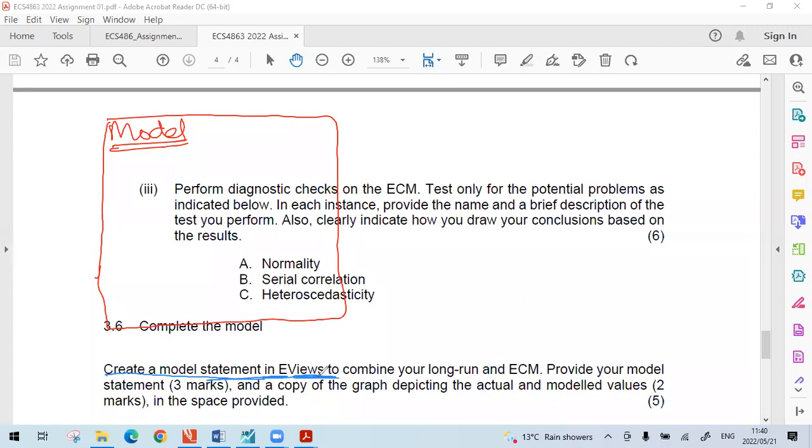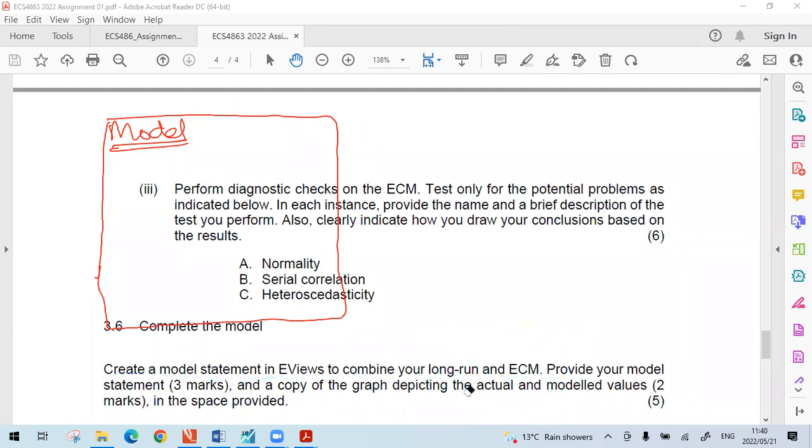What are we combining? Equation 01 and our ECM. So the model is coming from equation 01 and ECM. That's why I was saying save your equations. The model is going to come from equation 01 and the ECM.